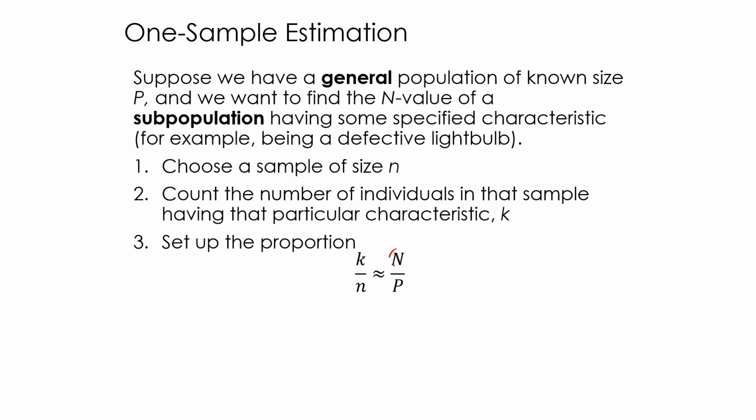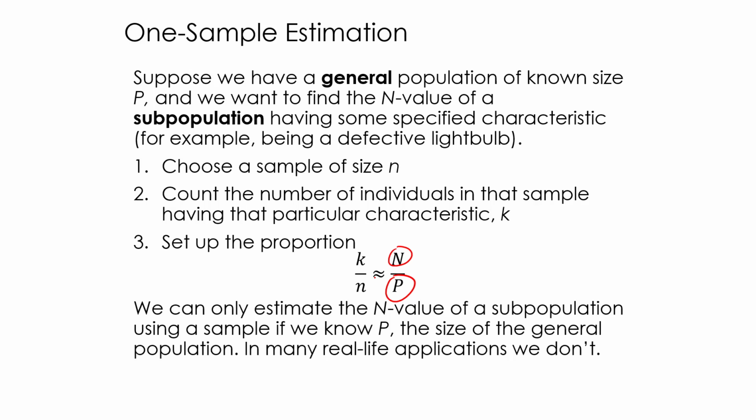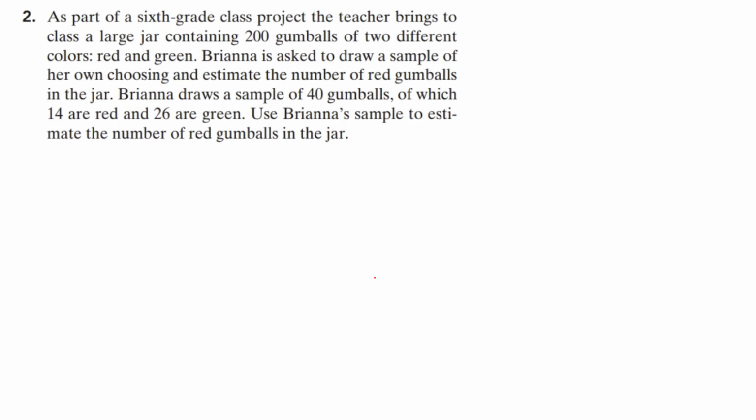We count the number of individuals in that sample having the particular characteristic, k, and so what we're looking for is the number of red gumballs. So k is 14. The number in the sample should roughly be in the same proportion as in the whole population.